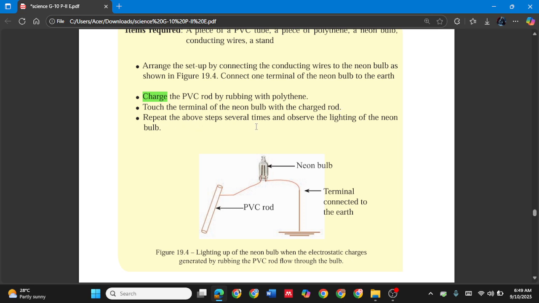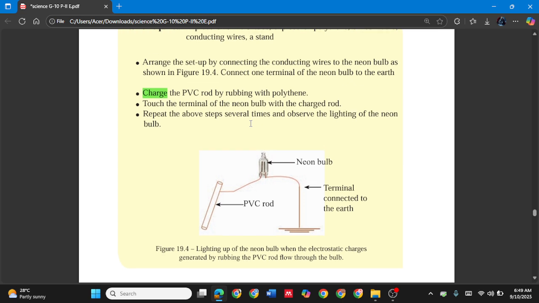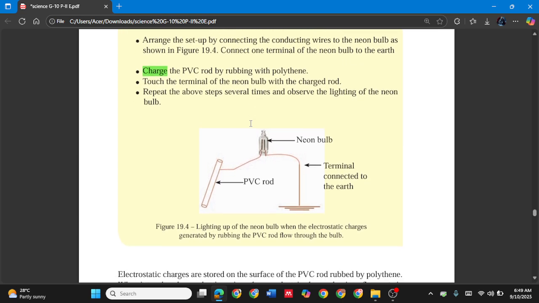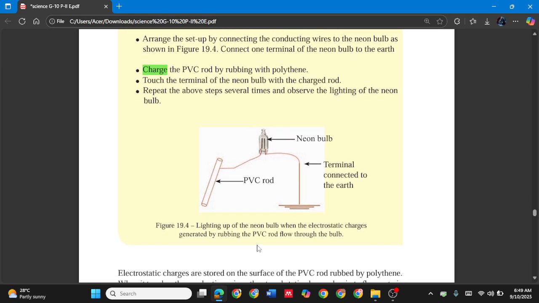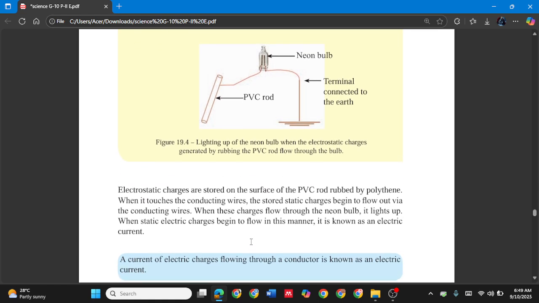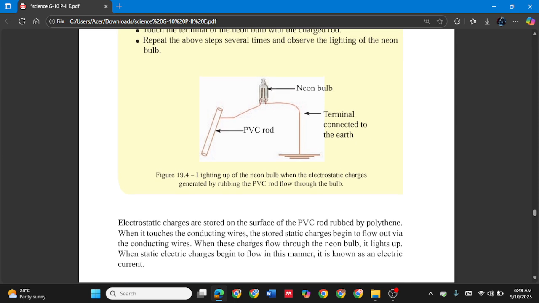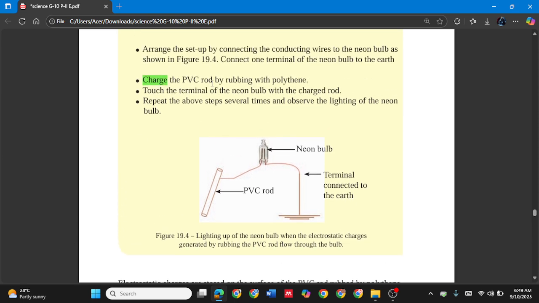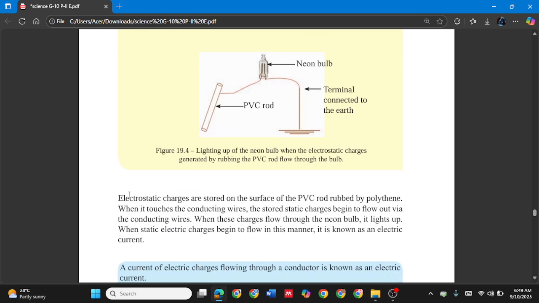Repeat the above step several times and observe the lighting of the neon bulb. The neon bulb lights up when the electrostatic charges generated by rubbing the PVC rod flow through the bulb. See what happened here. When you rub the PVC rod with polythene, what happened?